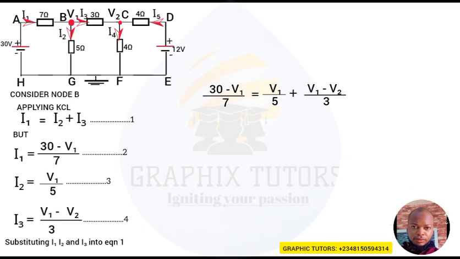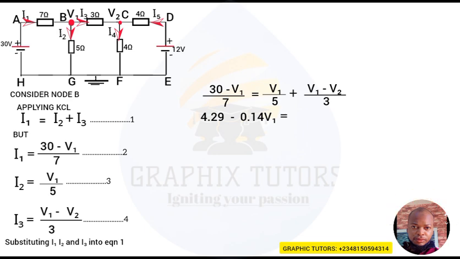Now, close to V1, we have a silent 1 close to V1. Don't forget that. So we'll now say that 30 divided by 7, right? That will give us 4.29. I'll write it down here. Is that taken? Minus the quotient of V1 there, which is 1, divided by 7. That will give me 0.14 V1 equals to, the same thing is applied here, the quotient of V1 here is 1.